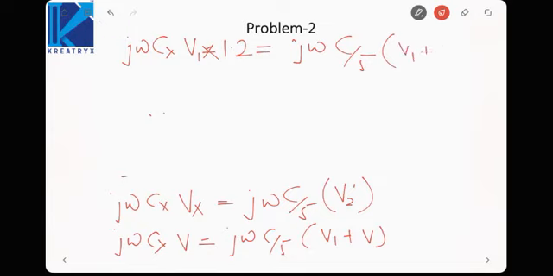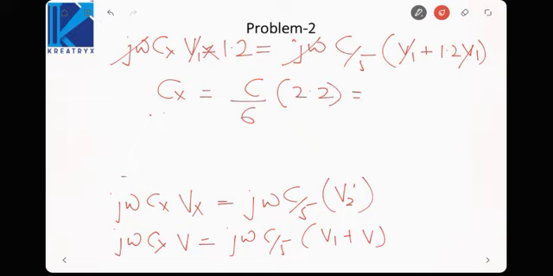Then V1 plus 1.2 V1. So j omega will get cancelled out. V1 will get cancelled out. So it is Cx is equal to C by 6, and this will be 2.2. So this is 1.1 C by 3. So this will be the capacitance Cx required.